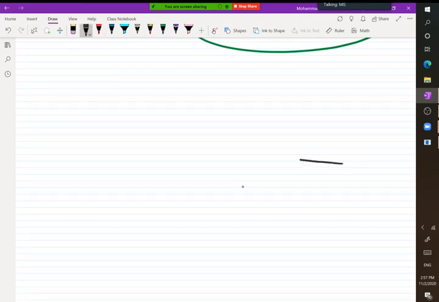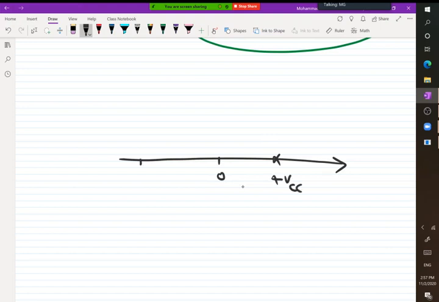Let's say this is a voltage, and here is 0, positive VCC, negative VCC, and this one is the volt. As long as the calculated voltage is in this range, the calculated voltage is the answer.